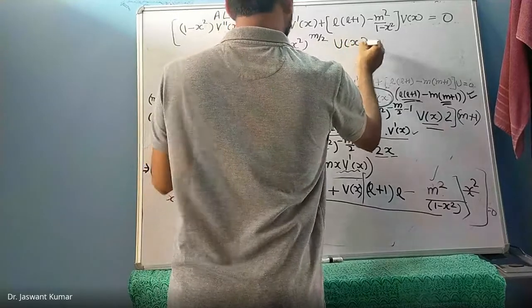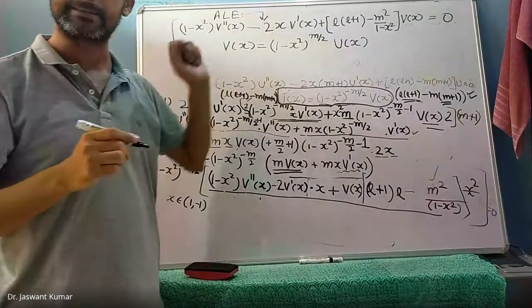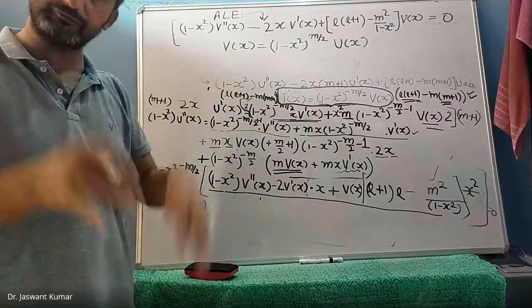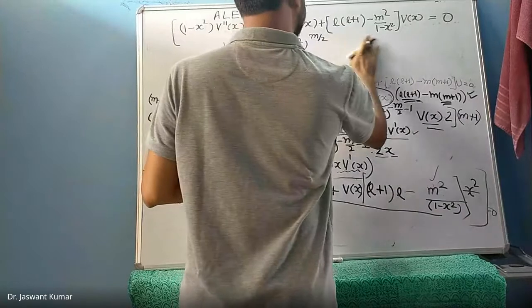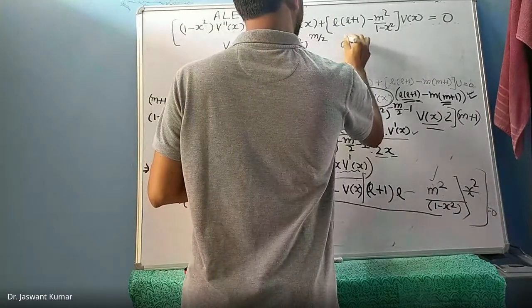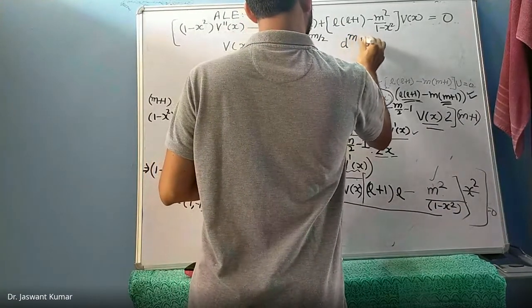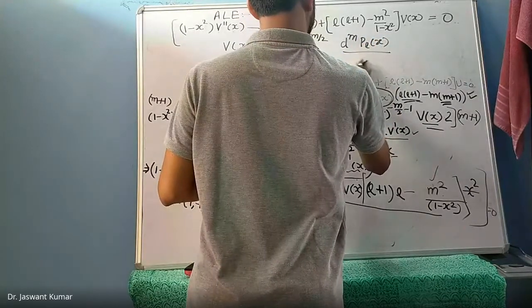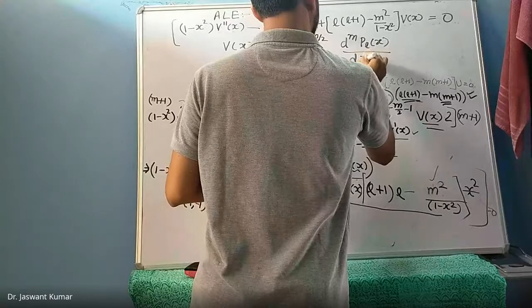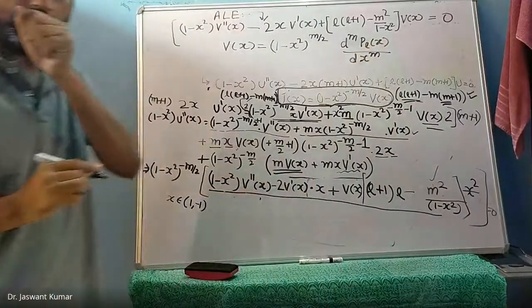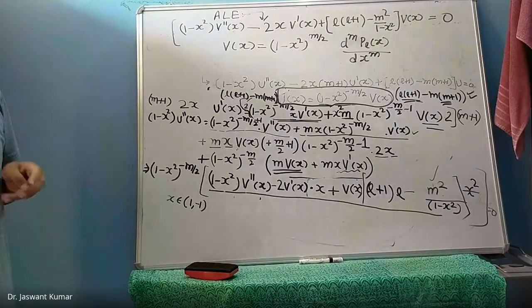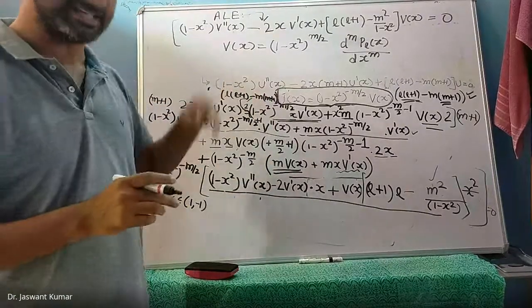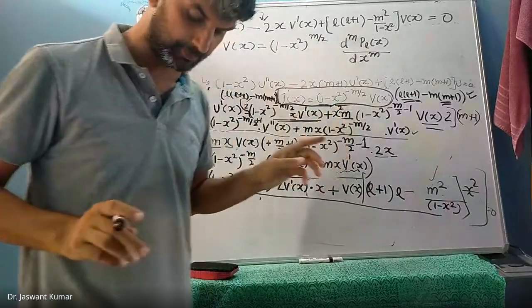What is v of x? v of x by definition is this. What is u of x? u of x also we know. By definition, u of x is d^m by dx^m of P_L of x.